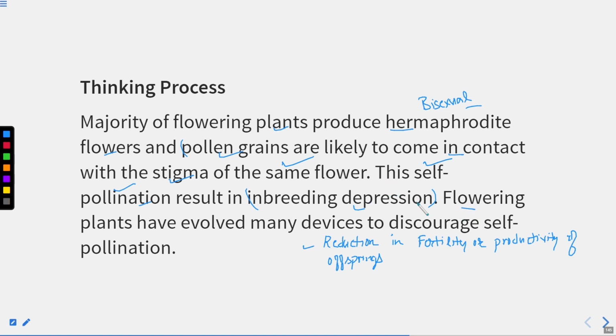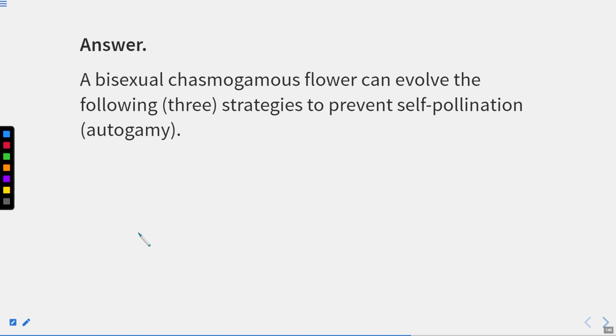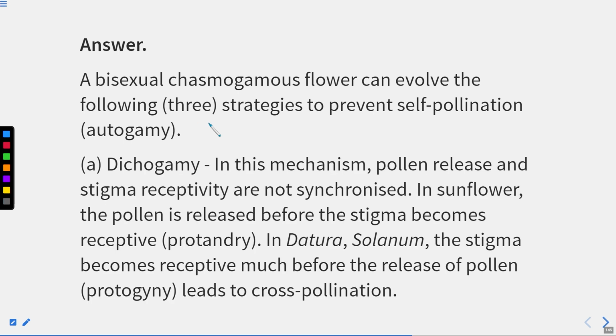Now, the flowering plants have evolved many devices or methods to discourage self-pollination. Let's talk about these. A bisexual chasmogamous flower can evolve 3 strategies to prevent self-pollination. The first one is dichogamy.